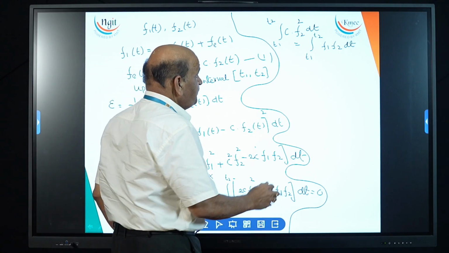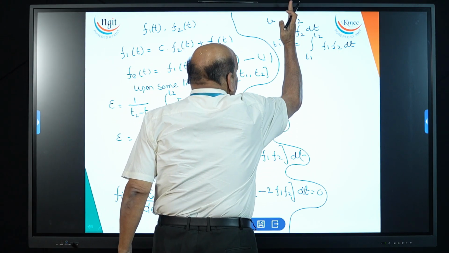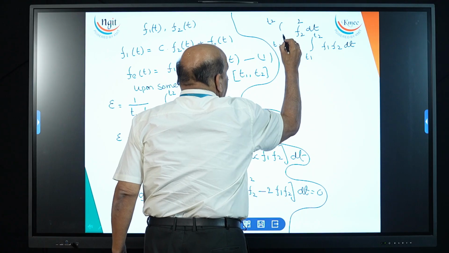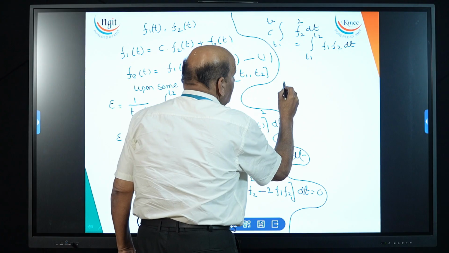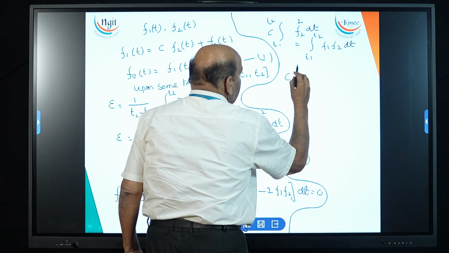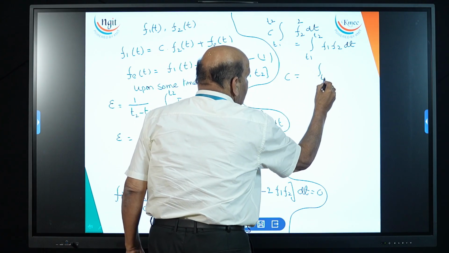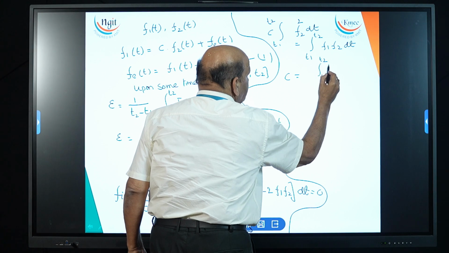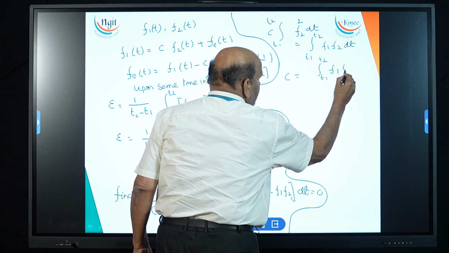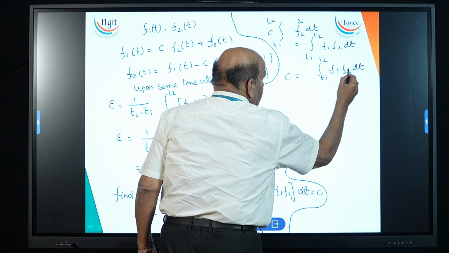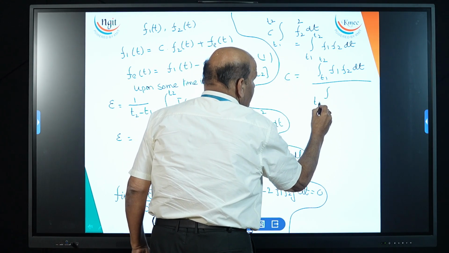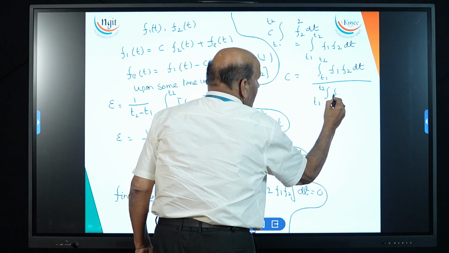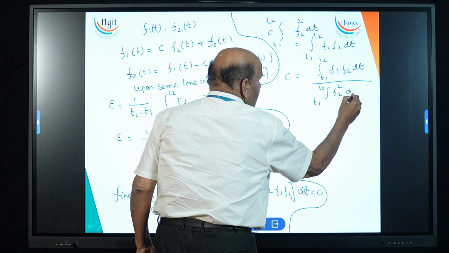Here c is constant, so you can mention c outside the integral. Now, what is c? c is equal to integral t1 to t2 of f1 f2 dt, by taking this denominator, integral t1 to t2 of f2 square dt.